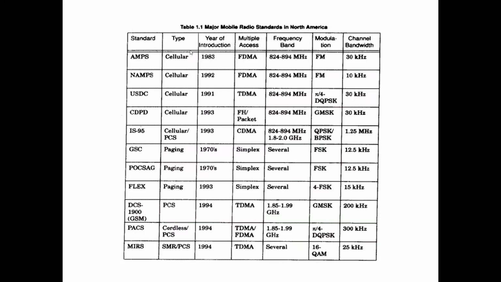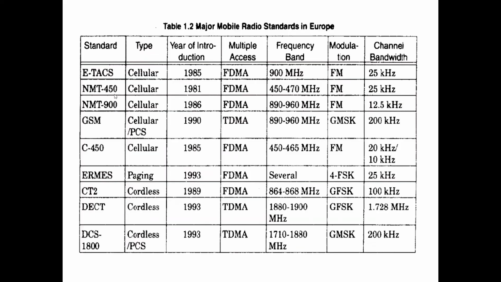Now, here we have some standards in Europe. You can see we have ETACS, NMT 450, NMT 900. Again, these are the year of introduction, 1985, FDMA, 900 megahertz frequency band, FM, 25 kilohertz.